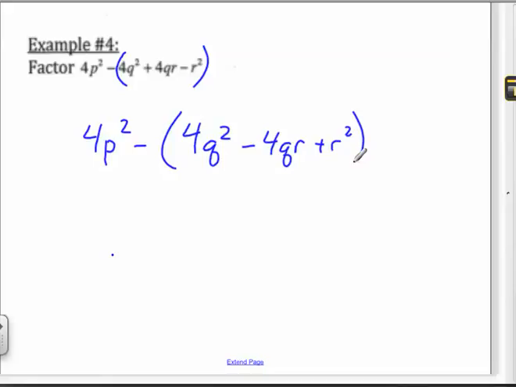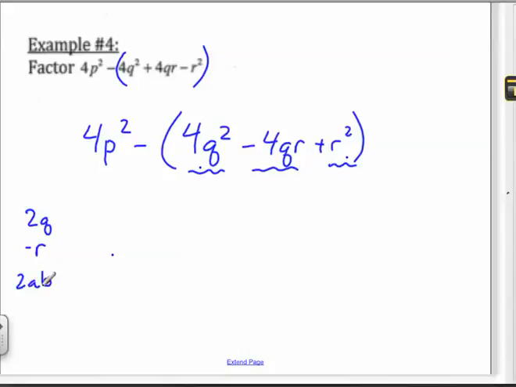Now, you might see that this is a perfect square and that's a perfect square. That was section 5.6. And you remember we asked those questions? We said, hey, is this a perfect square? Yeah, it's 2q. Is this a perfect square? Yeah, it's r. Is the middle number, or negative r, is the middle number 2 times a times b?